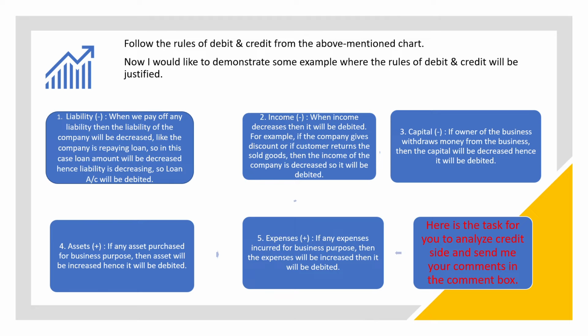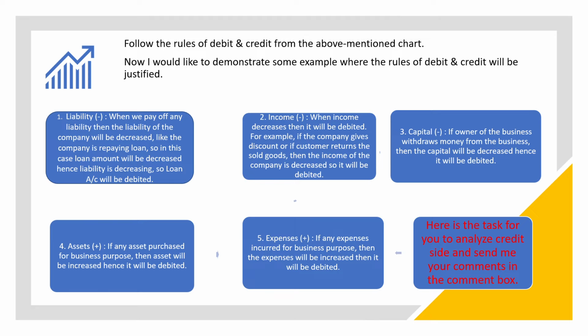People say it's the accounting equation, sometimes it's called the balance sheet equation. By this equation, in my next video, I will show you how you can prepare a trial balance. Just need a little bit of algebra. So remember, my next video will be on trial balance.